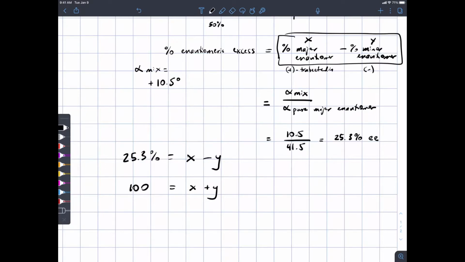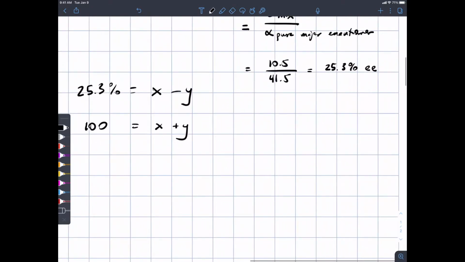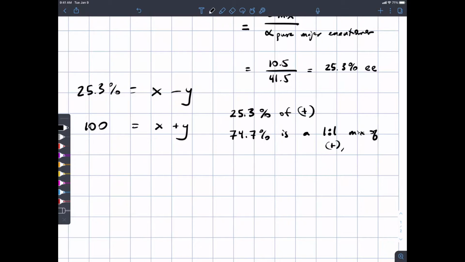Now, if you don't like to solve simultaneous equations, the other strategy is to say, okay, I have 25.3% of the plus enantiomer, and then the remaining 74.7% is a one-to-one mixture of the plus and the minus enantiomer.